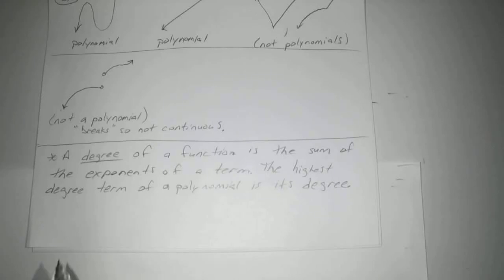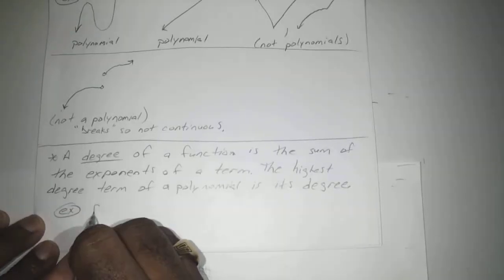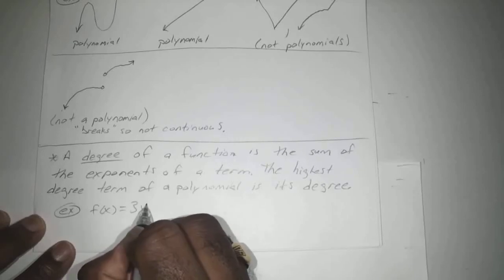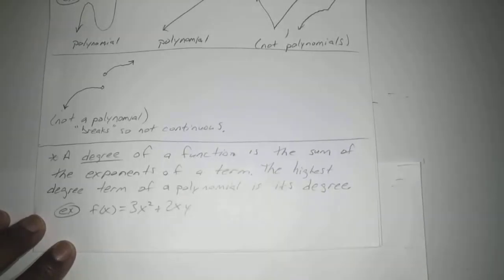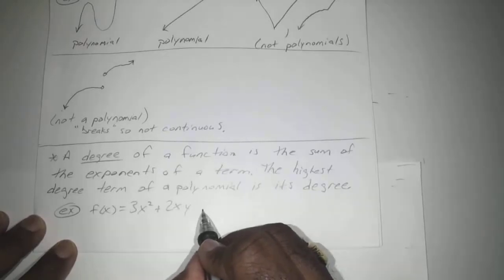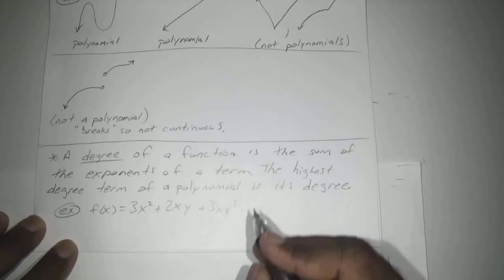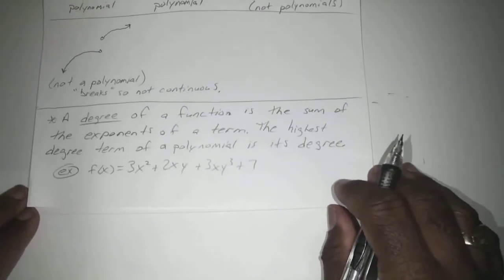Okay, so for example, let's say if you have f of x equals 3x squared plus 2xy plus 3xy to the third plus 7.